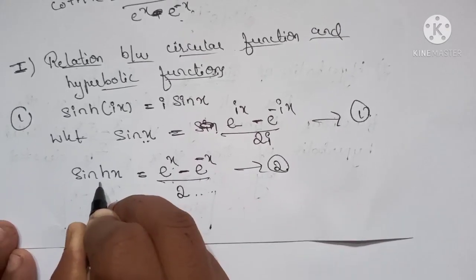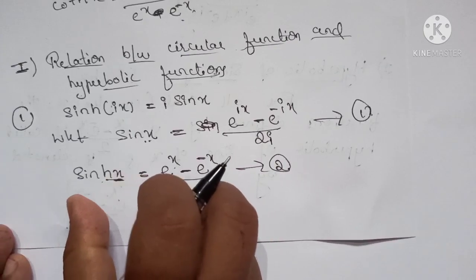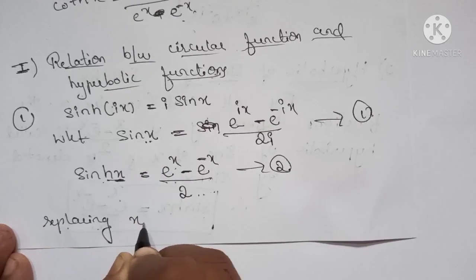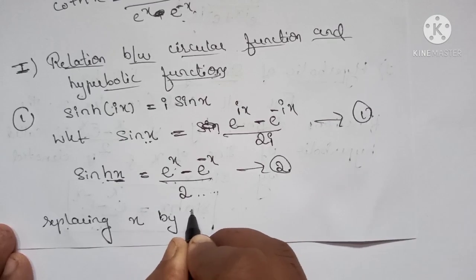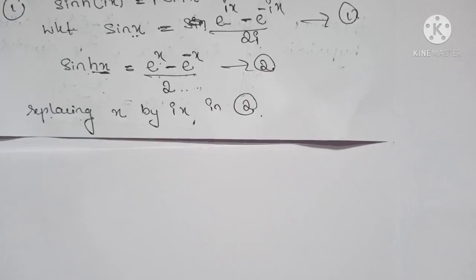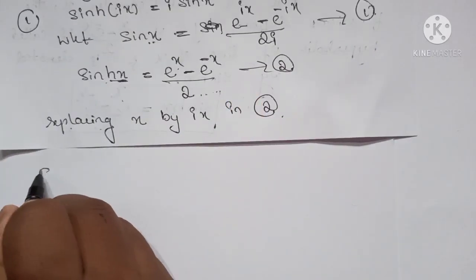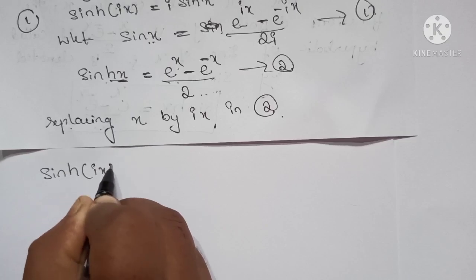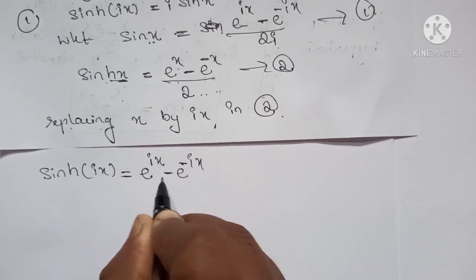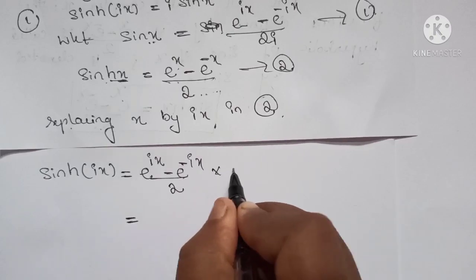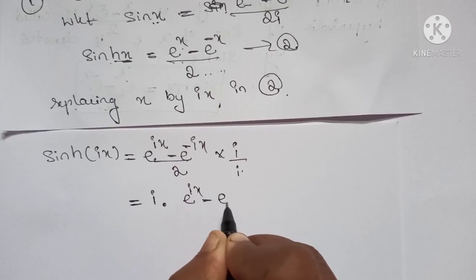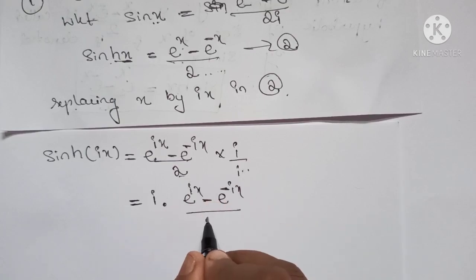If I replace x by ix in this hyperbolic function, that is replacing x by ix in equation 2, we get sinh ix can be written as (e raised to ix minus e raised to minus ix) divided by 2, or if I multiply and divide by i, we get i into (e raised to ix minus e raised to minus ix) divided by 2i.